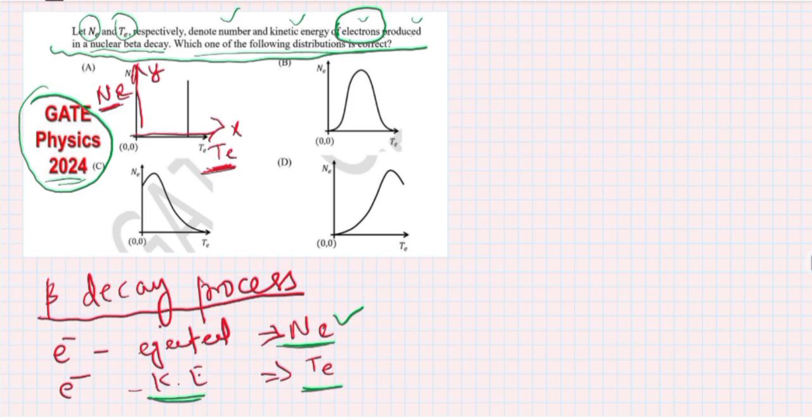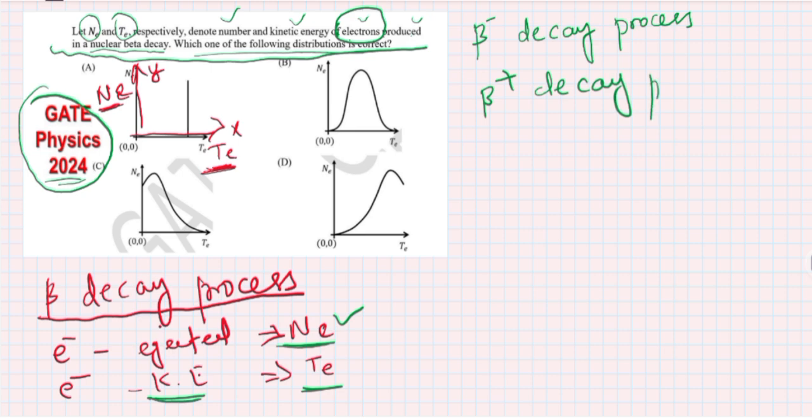There are two types of beta decay process: the beta minus decay process and the beta plus decay process. In beta minus decay, electrons are ejected, and in beta plus decay, positrons are ejected.